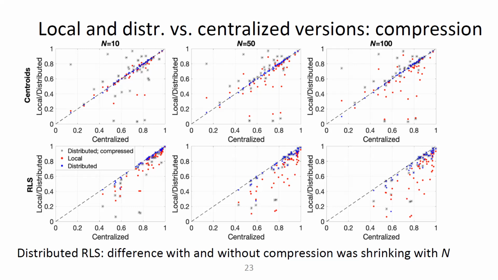And the centroids classifier provided some unexpected results, since for some datasets, the accuracy was higher than that of the centralized version. We think that the cause of this effect should be the fact that for some of the datasets, the noise introduced by the compression procedure was acting as some kind of regularization on the classification.